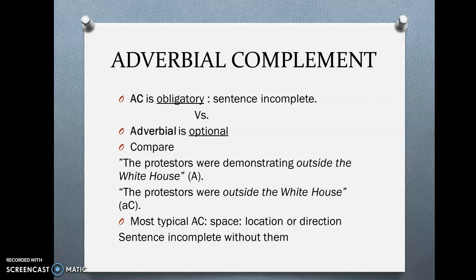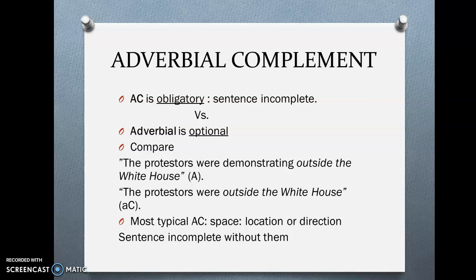Well, adverbial complements. Adverbial complements are obligatory, whereas adverbials, we must not confuse these two, are optional elements in a sentence. Without an adverbial complement, the sentence feels incomplete. Compare these two examples we've got here. The protesters were demonstrating outside the White House, and the protesters were outside the house.